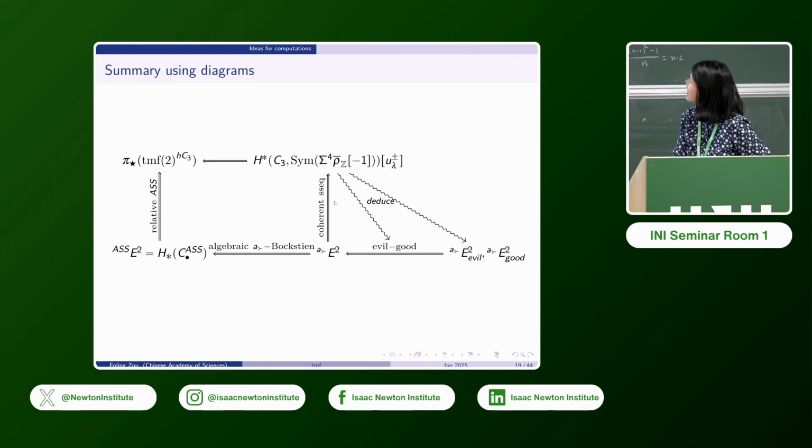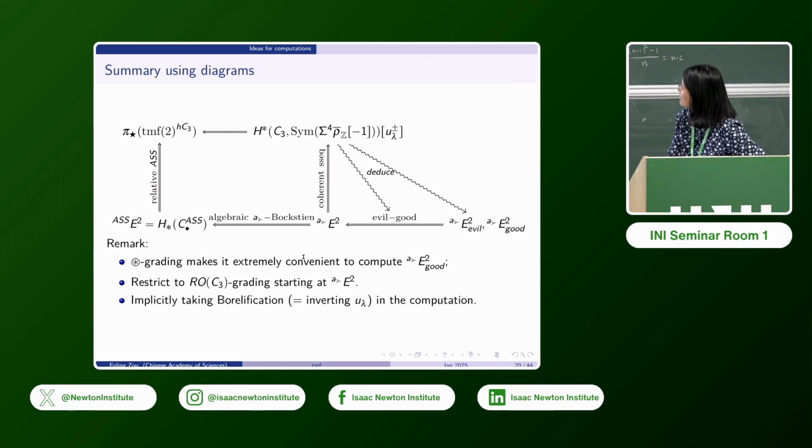It turns out that there is a third coherent spectral sequence here, and we know precisely what it converges to, and we know this also happens for these two parts as well, the evil and good. We know what they converge to via the coherent spectral sequence. So using this, we can deduce this part. And then we work with the left square.